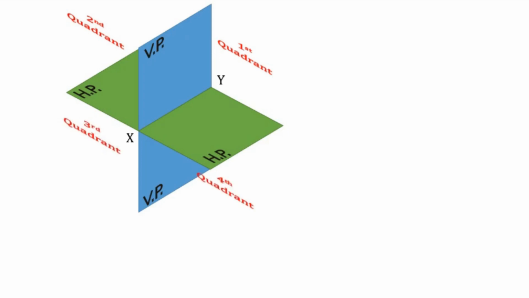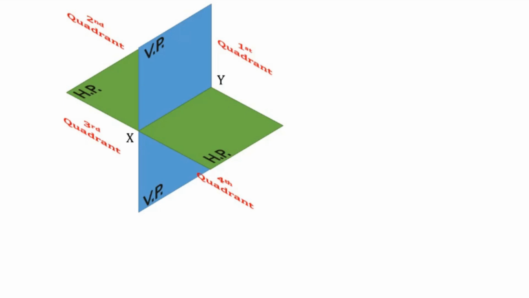First quadrant is the space which is in front of VP and above HP. That is, it can be considered as the room in which you are sitting.